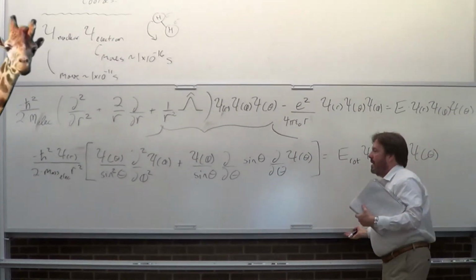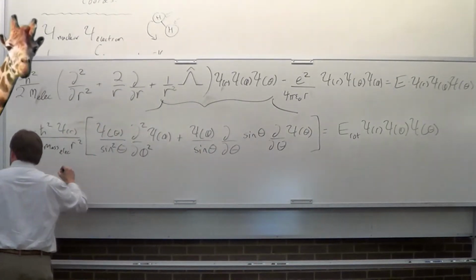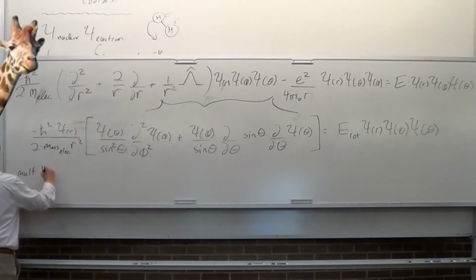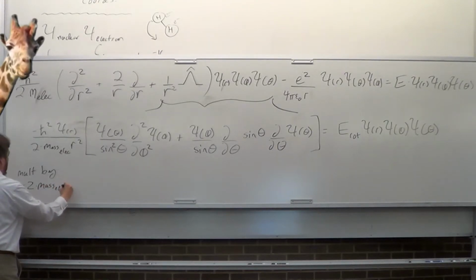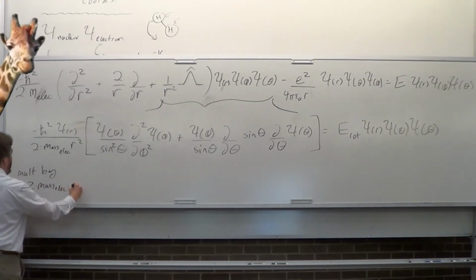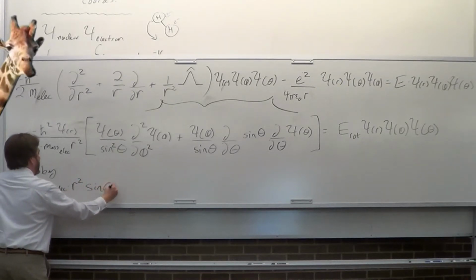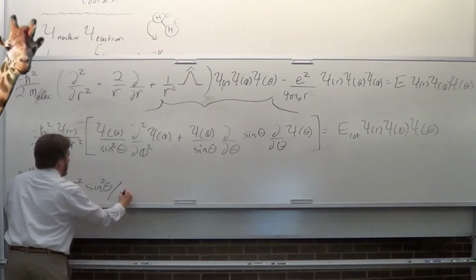Okay, so let me handle this part. Let me tell you what I'm going to do. I am going to multiply by -2 mass of the electron, R squared sine theta squared over h bar squared.